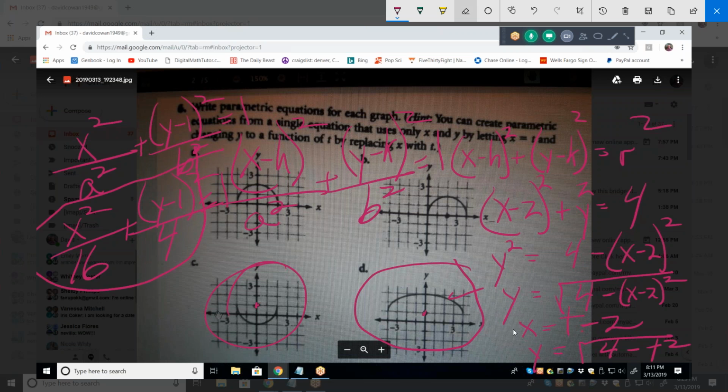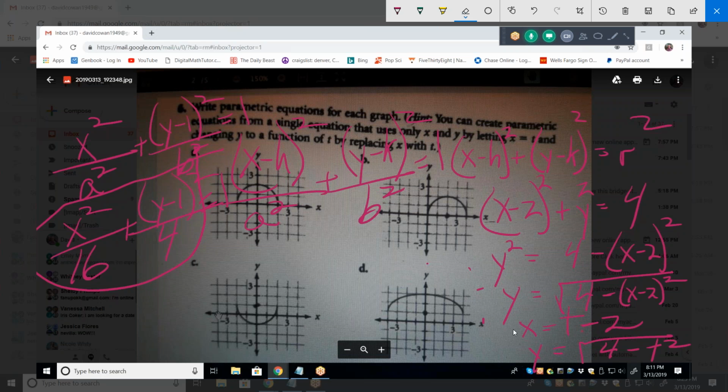Now, if I solve for y, which is what I've done on all these others, you can see what you'd have to do to solve for y. It's a little harder when you're talking about an ellipse. But you want me to go ahead and finish this one? Okay.